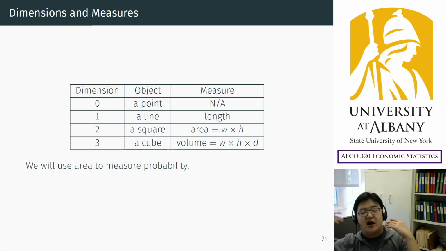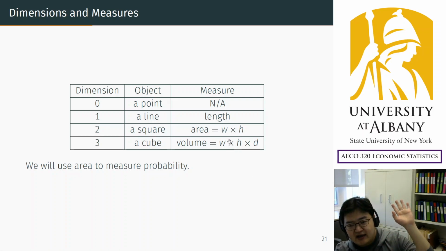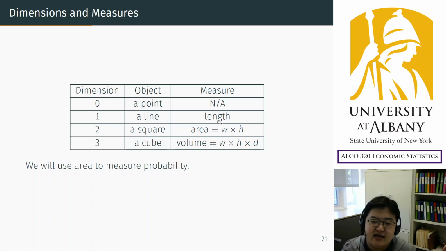So this is how we expand and generalize the concept of dimension and its respective measures. So we are going to generalize our understanding from 1 dimension to 2 dimensions. We are going to consider two-dimensional space to understand the probability. So that means, actually, in an earlier slide, I said the probability is a length.